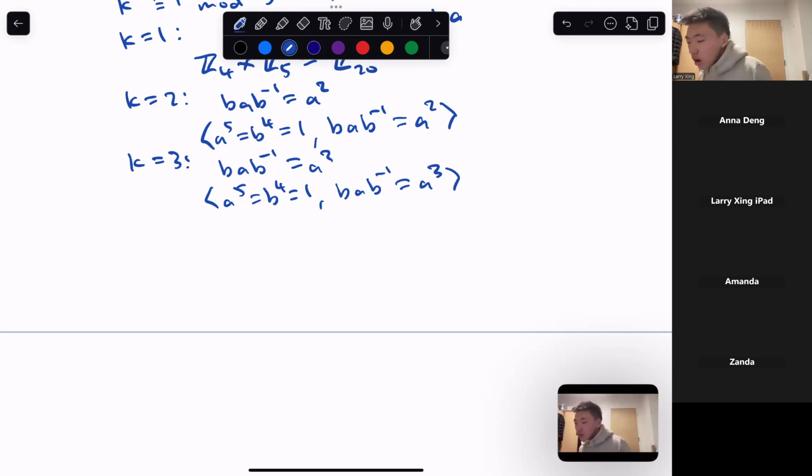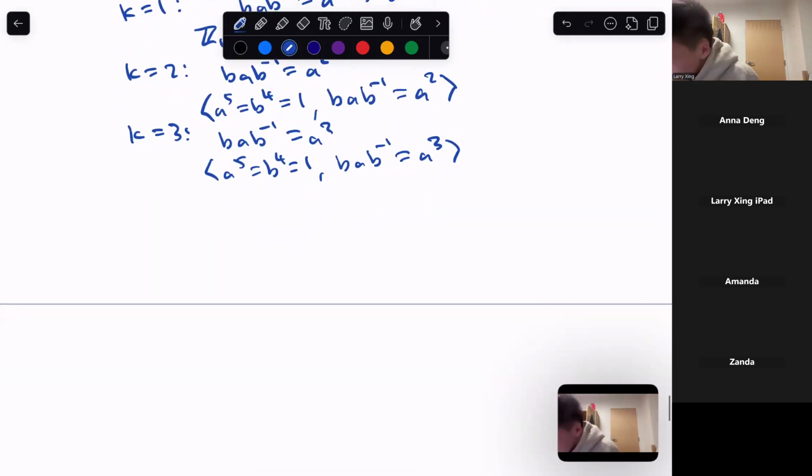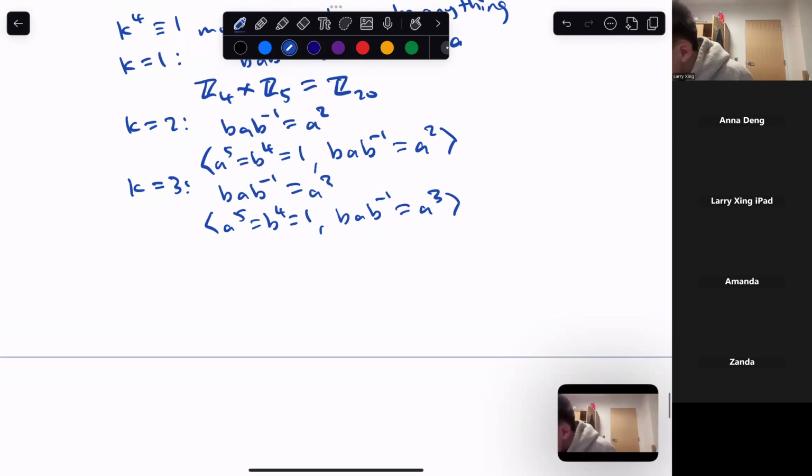So now, are a squared and a cubed isomorphic? And it turns out the answer to this question is yes. The reason is, imagine here you take a, you go to a squared, you go to a to the 4, and you go to a cubed, you go back down to a.